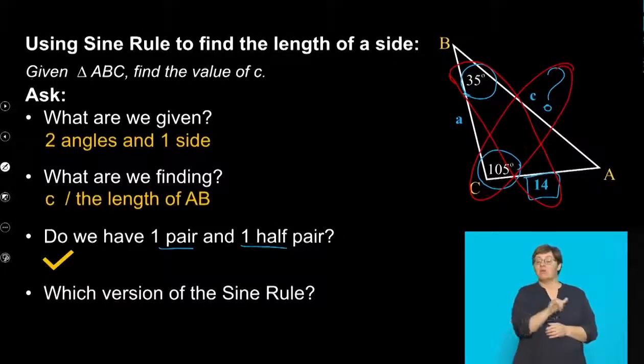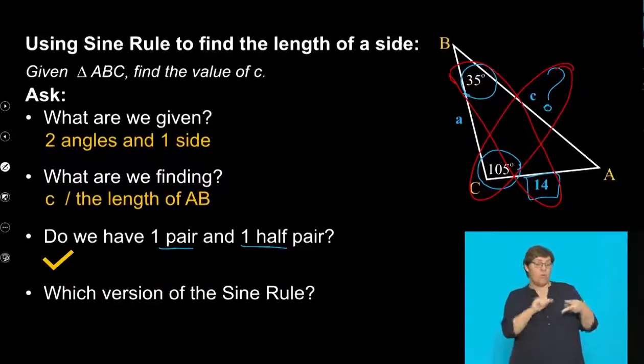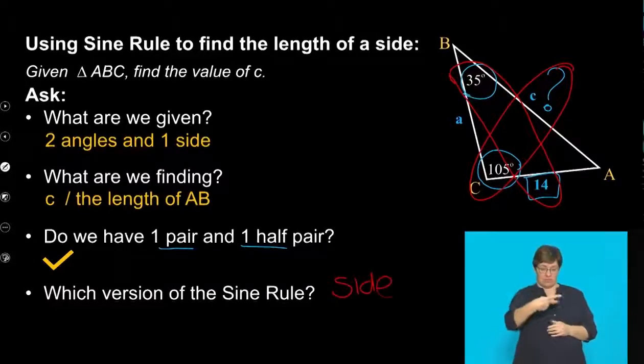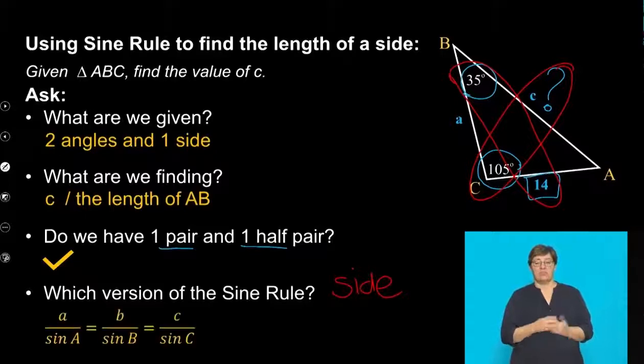Which version of the sine rule are we going to use? Remember, there were two versions of the sine rule. Because we're looking for a side, we've got to use the version of the sine rule that has the sides on top, meaning that version, which is a over sine A, b over sine B, c over sine C. And specifically, which part of it are we going to use?